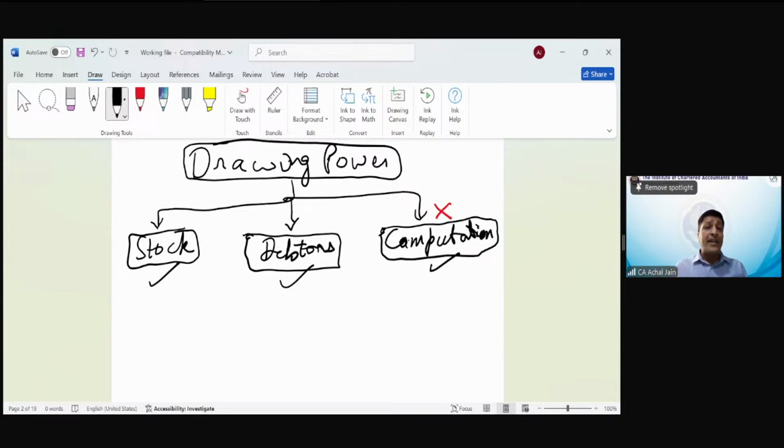If the borrower provides wrong details of stock, of the debtors, or either of these, then what will happen? Even if arithmetically you have computed it correctly. So when you are looking at the computation, what are you checking?